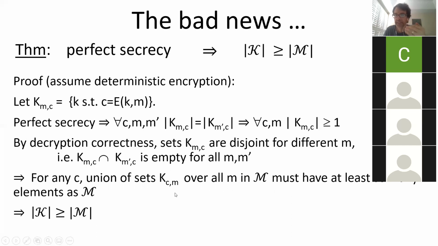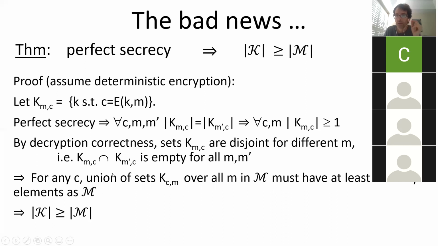So how big is this union? It must have as many elements as M, right? Because for every message there was a different set, and they were all non-empty. So they must be at least as large as the number of messages. So I conclude this.